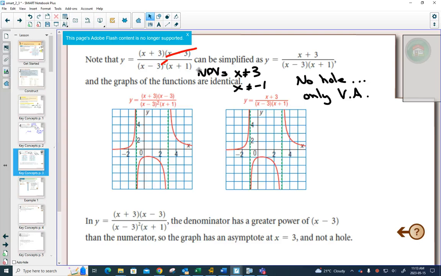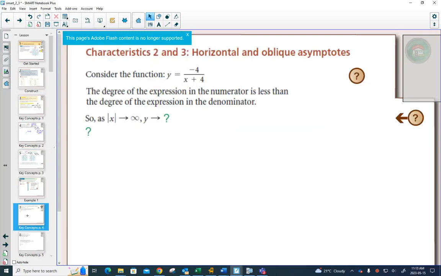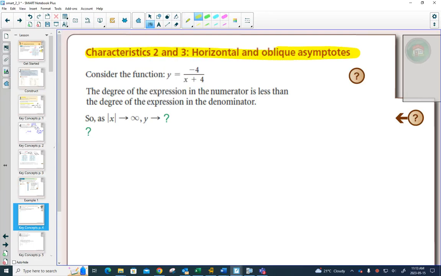Okay. So before we do example 1, we are also going to look at the next characteristics, which is either horizontal asymptotes or oblique asymptotes. And we're going to look at some shortcuts for this because this was really what we looked at in group 1, group 2, and group 3 of section 2.2.